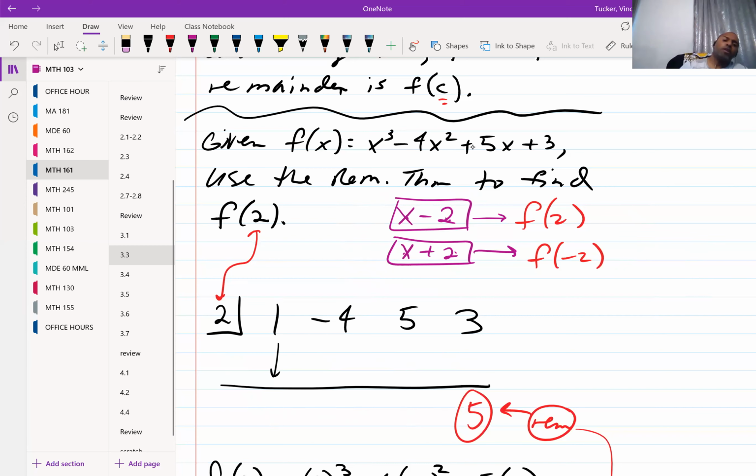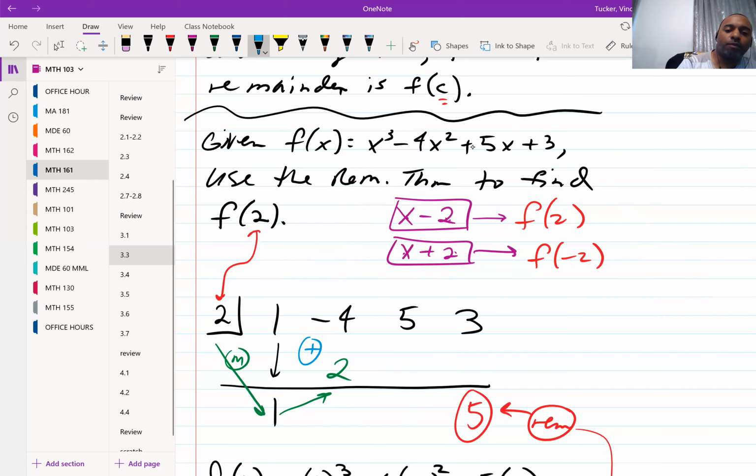All right. So synthetic division, we have 2 in the box, and we have 1, -4, 5, and 3. Bring down 1. It's always the first move. Bring down the first number. Then 2 times that 1 is 2. The result goes here.